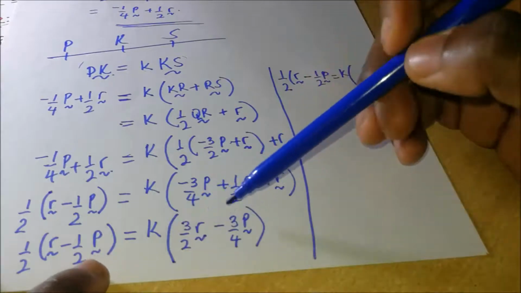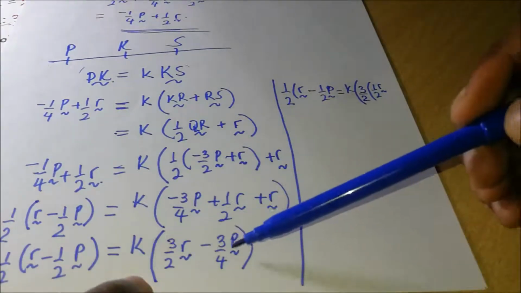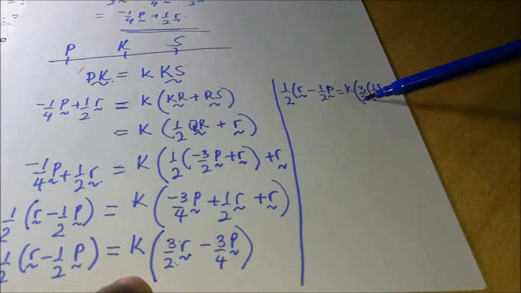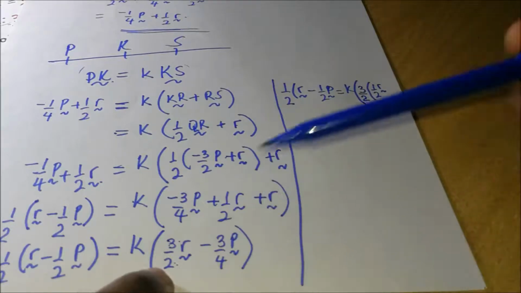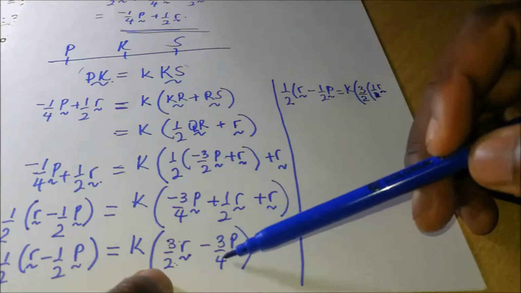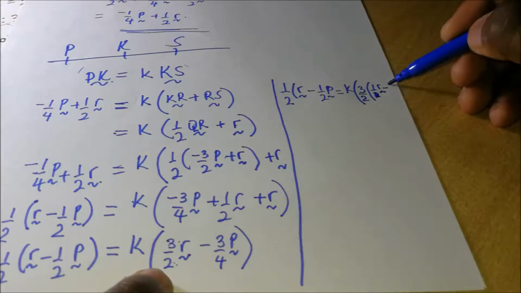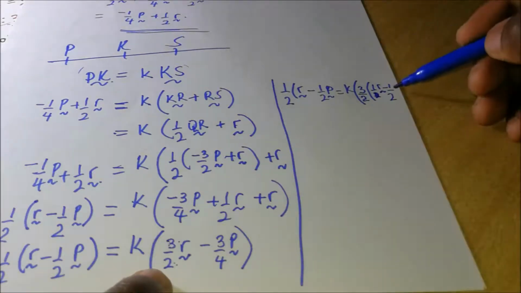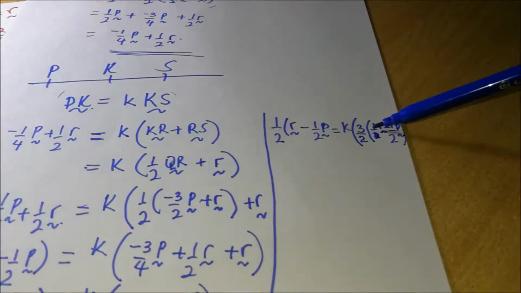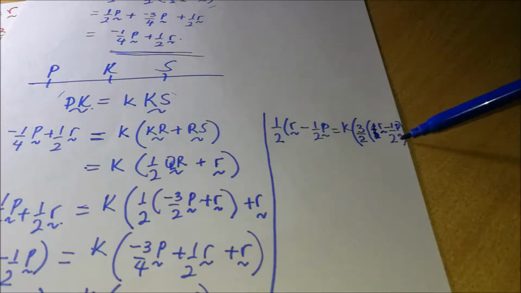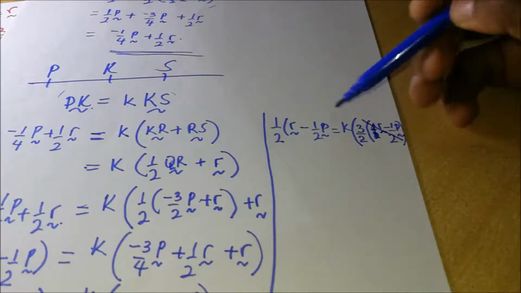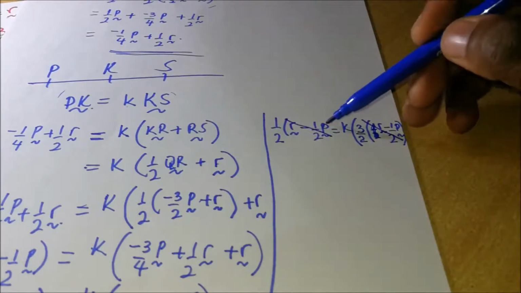Factorizing this out is going to give us K into, we remove 3 over 2 outside the brackets. We put 3 over 2 outside the brackets here. Dividing by 3 over 2 here, we only remain with R minus 1 over 2 P. So realize that in the brackets here we have R minus 1 over 2 P. Even here we have R minus 1 over 2 P. So they cancel out.